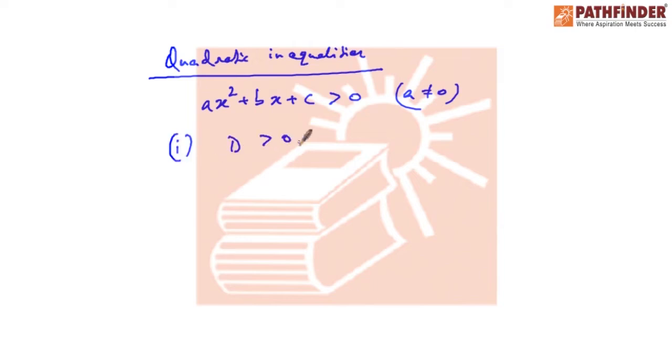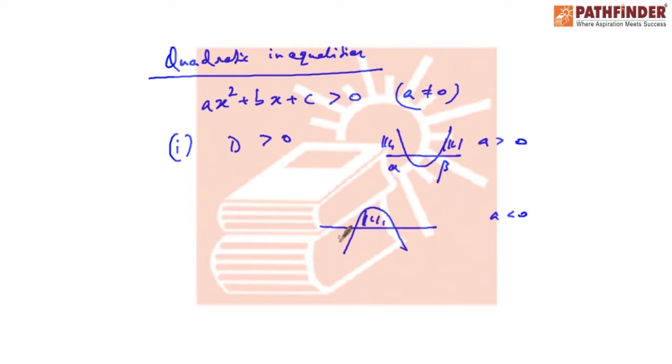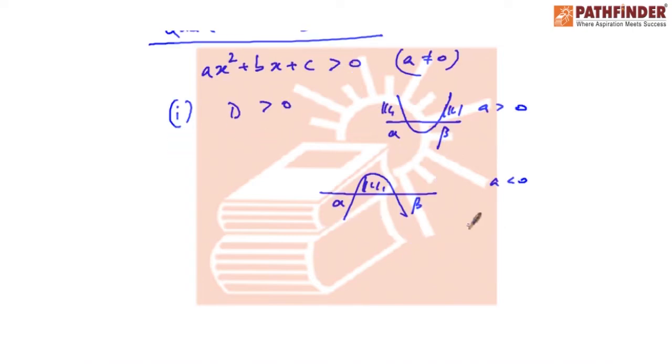Remember, if d is greater than 0, then a greater than 0 will give you this kind of a diagram, and then the answer would be beyond the roots alpha and beta, and a less than 0 will give you a diagram like this. In this case, the answer would be between the roots alpha and beta, since there the expression is always positive. Of course, if d equal to 0, then no value exists in case of a less than 0. And in this manner we will be able to find out the solutions of different inequalities.